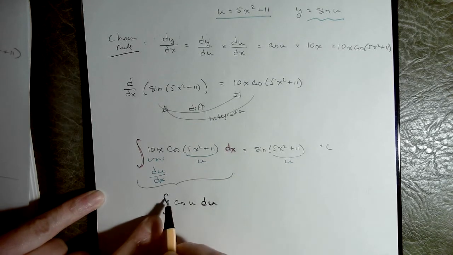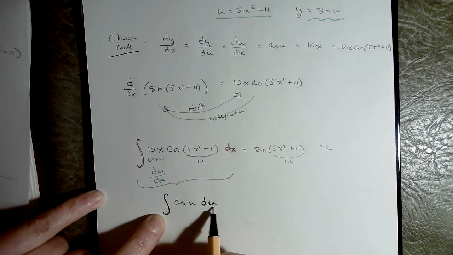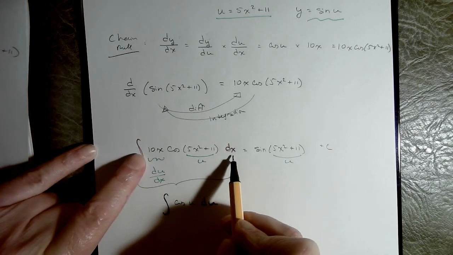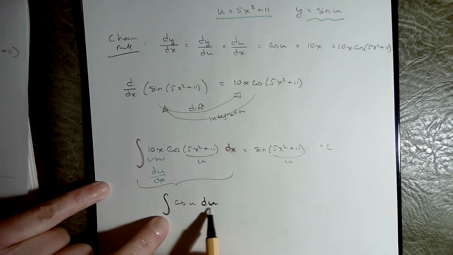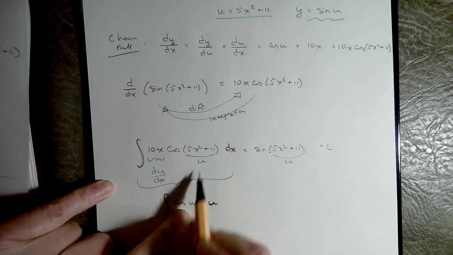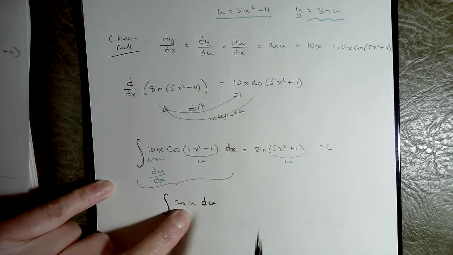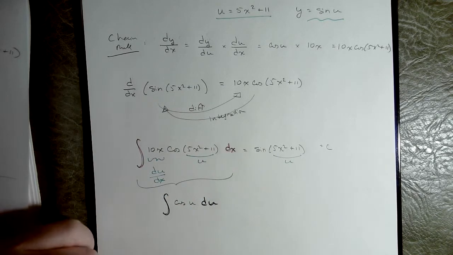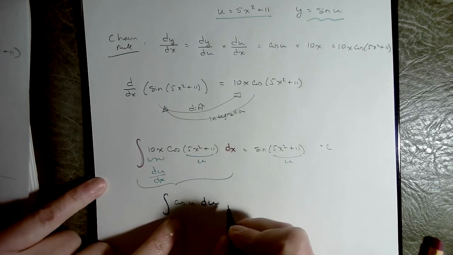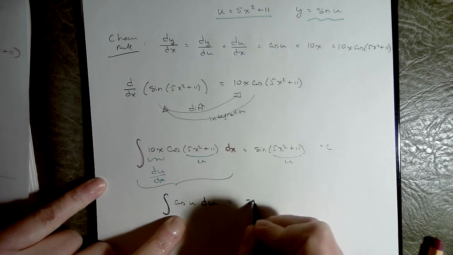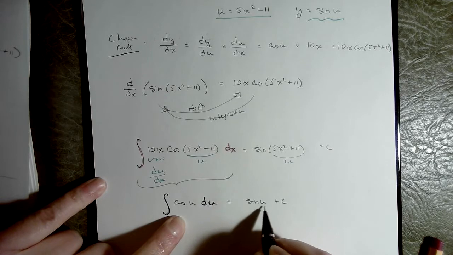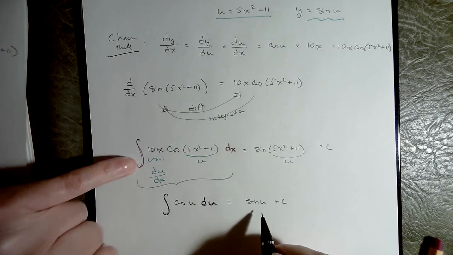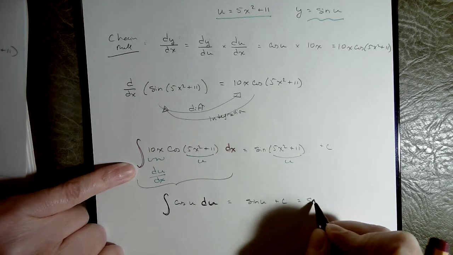Operate integration by paying attention to u as the variable. No longer x, we're now in u. And it's that u that we did from chain rule. So cosine of u integrates as the sine of u. But then we want it to be an x because that was our original. So we re-substitute.